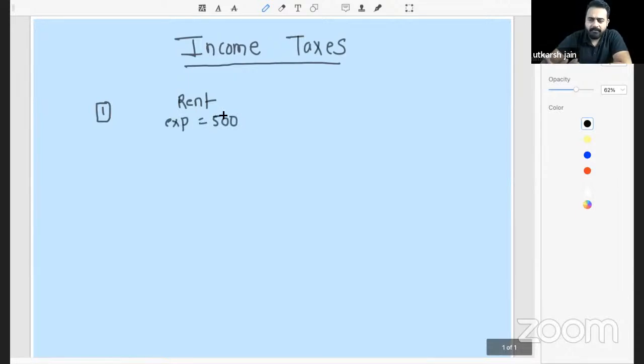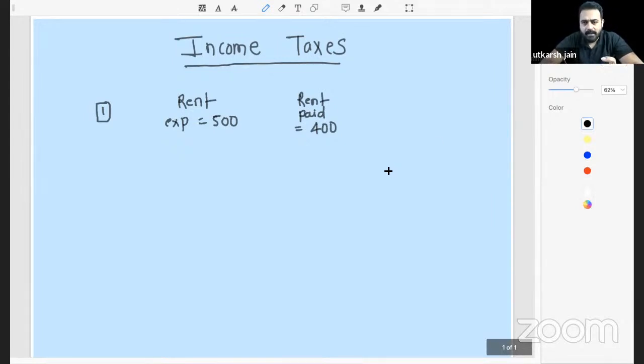You were supposed to pay 500, but for some reason, the amount that you actually paid turns out to be 400. How do you think we should treat that difference of 100?